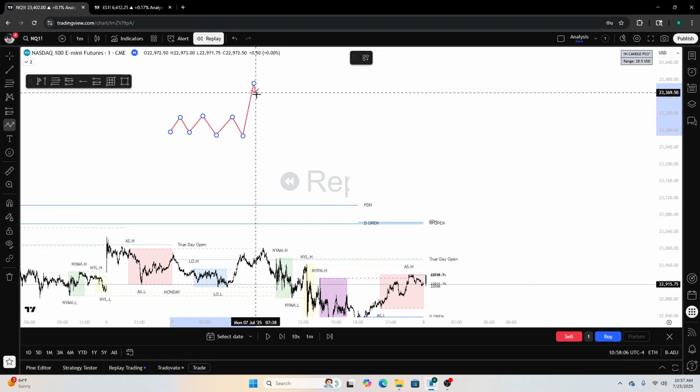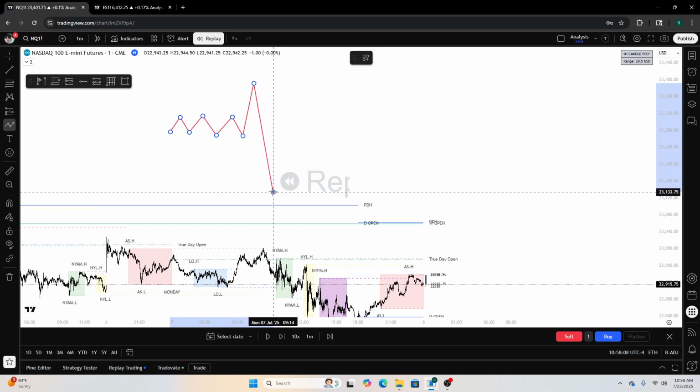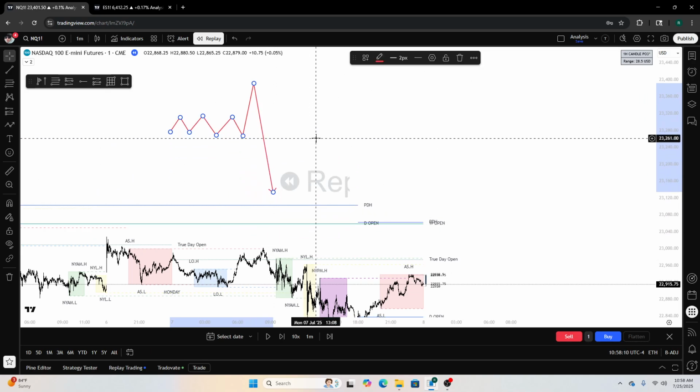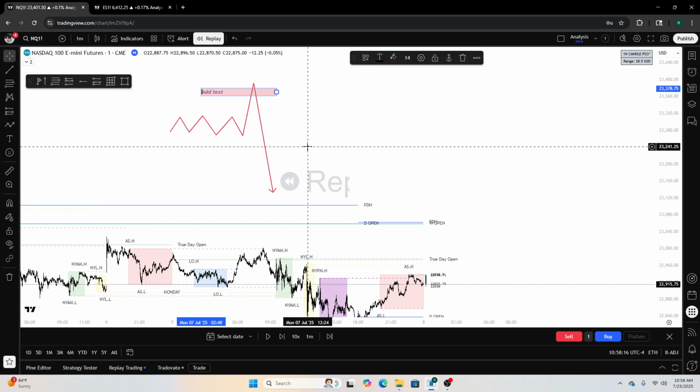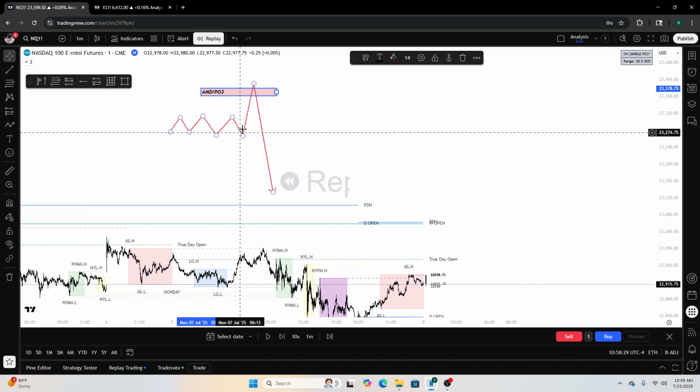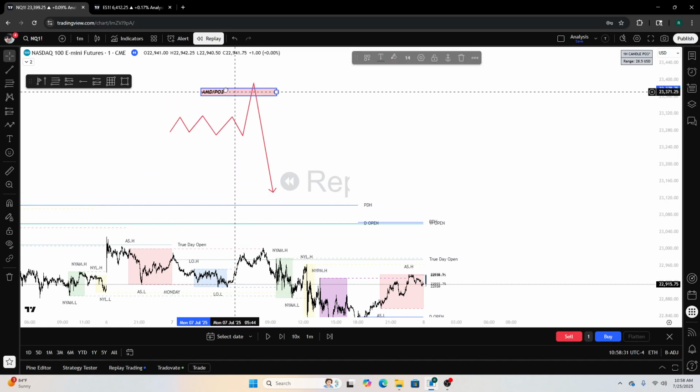Manipulation and distribution. So, what is that called? AMD. Accumulation, manipulation, distribution, or po3, power of three. Because it's three things: accumulation, manipulation, distribution.